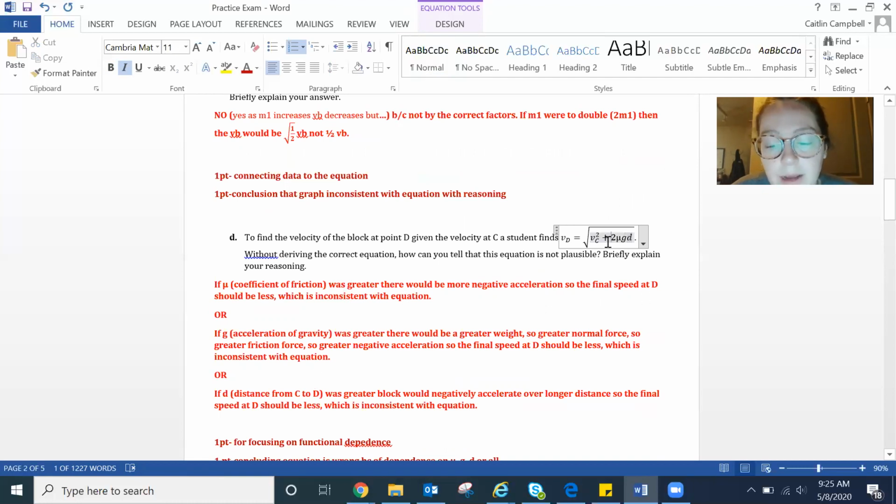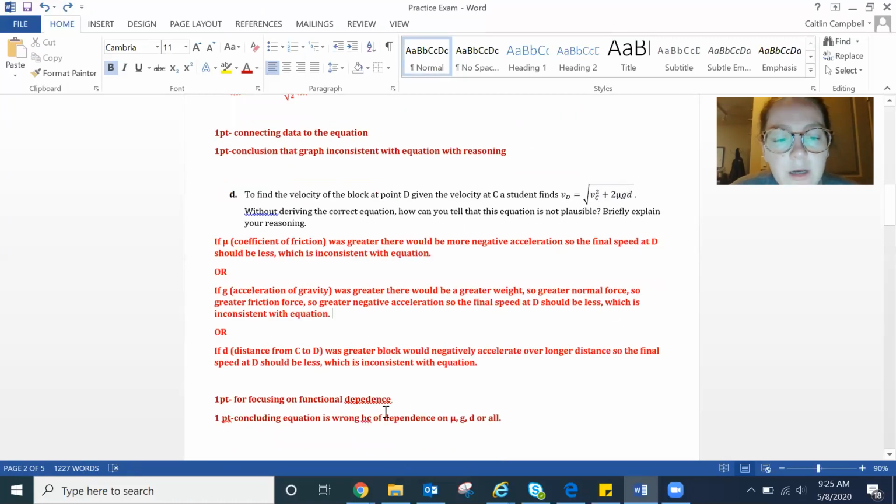Now, if there had been a minus sign there, then that would have been okay because you're taking away more, so that would leave me with less, but it had a plus. Okay, here you got a point if you are just looking at functional dependence. So if you made the point like, oh, more C would actually be less VD, you would get the point just because you were focusing on the dependence even though your reasoning was wrong.